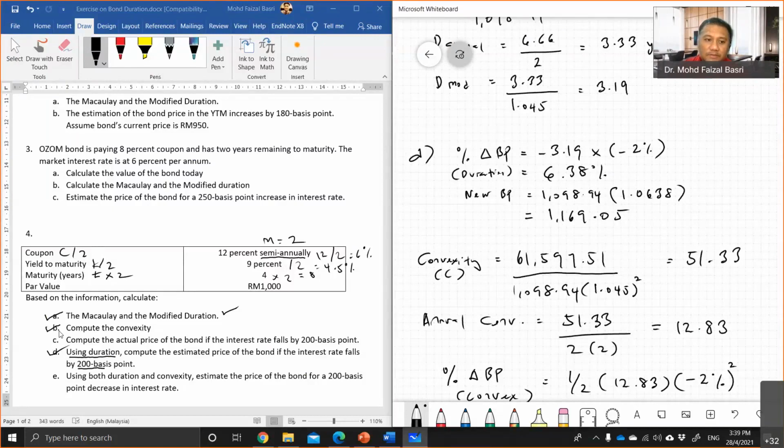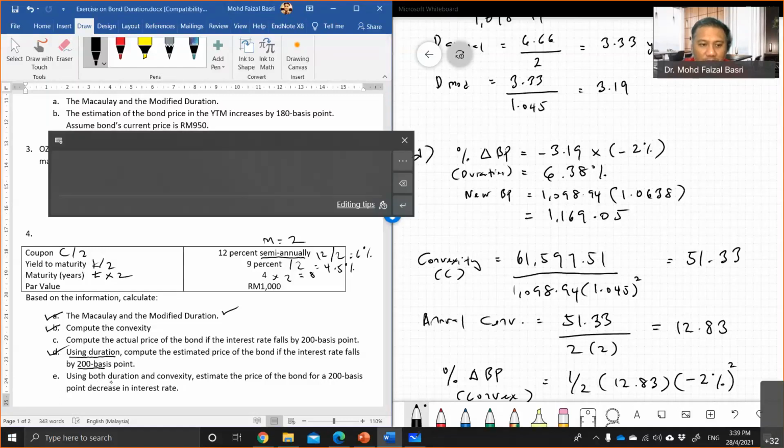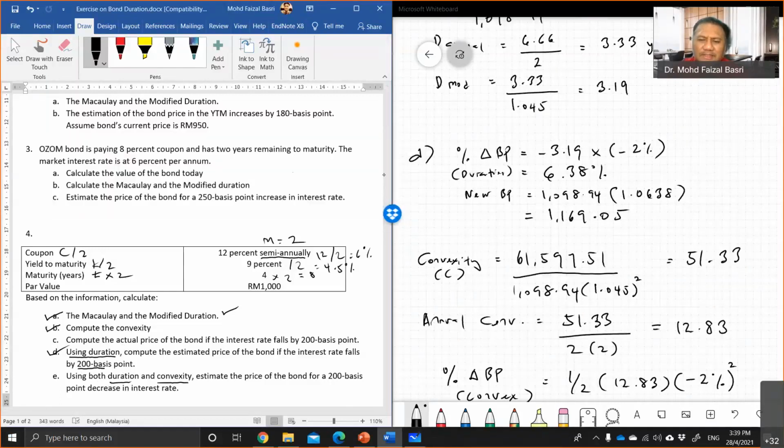So D, we've done this before. For C, I have to skip it first because it is based on actual, and I will explain what I mean by actual. But for E, the question asks to use both duration together with convexity. For this convexity question, it's seldom that we need to use convexity alone.